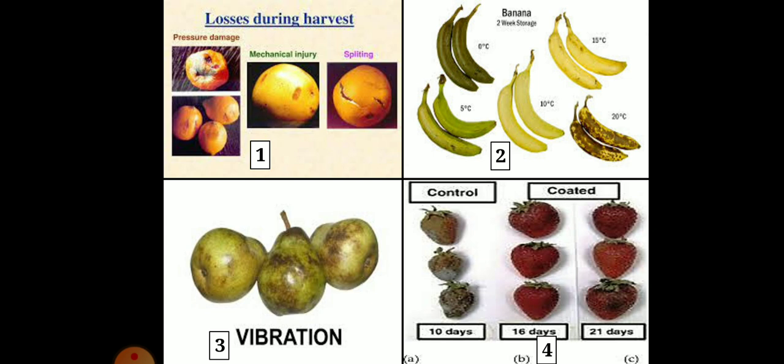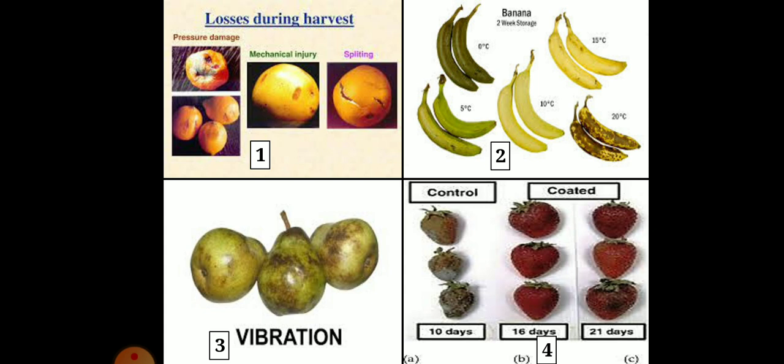For more than 15 degrees Celsius, ethylene concentration is very high, so it ripens easily, and the peel will be infected with anthracnose. Anthracnose is a post-harvest disease. The peel will turn black, which makes it unattractive to the consumer.